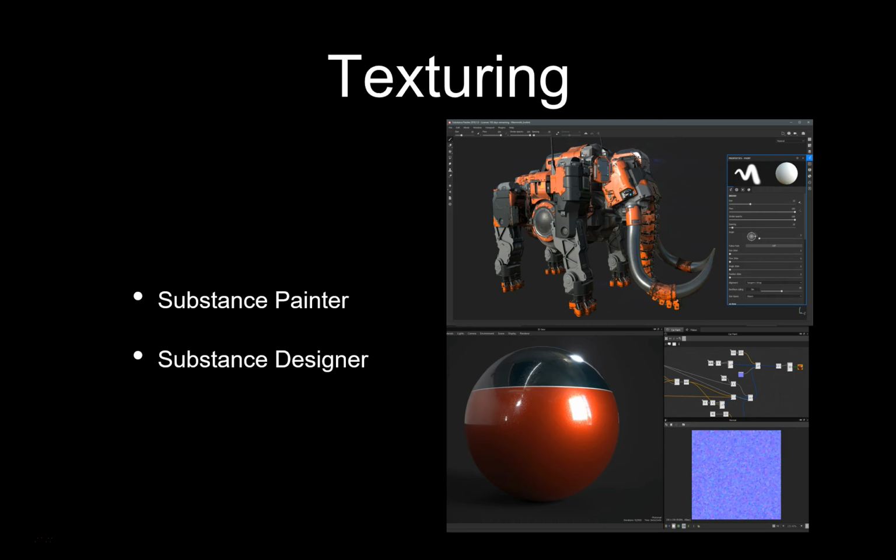You can create complex materials made up of algorithms, or images you've taken, or just materials in general. And in Substance Painter, with the robotic mammoth there, you can see sections where it's being painted orange, with some orange paint there, and it's a little bit rusted and a little bit scratched.